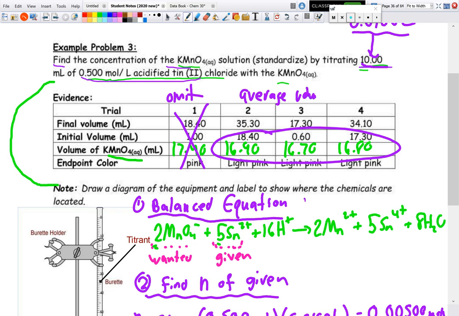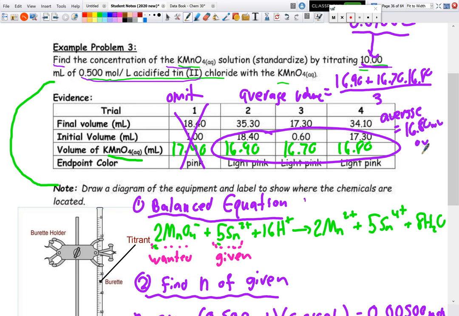And what we're going to do is get the average volume is equal to, well, we go 16.90 plus 16.70 plus 16.80, all divided by 3, and we get the average to equal 16.80 milliliters, or 0.01680 liters.